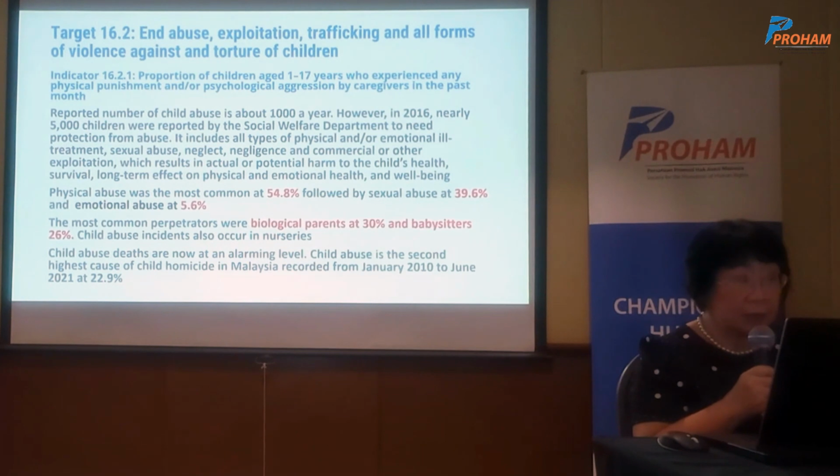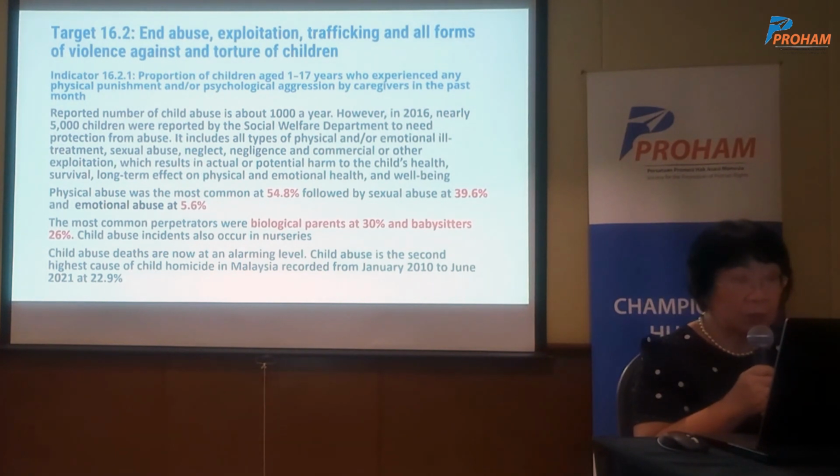Physical abuse is most common at 55%, sexual abuse at 40%, and the rest are emotional abuse. The most common perpetrators are biological parents at 30%, babysitters at 26%.